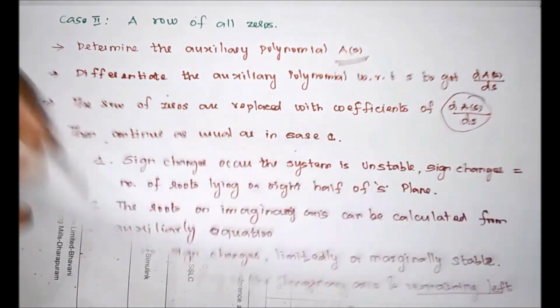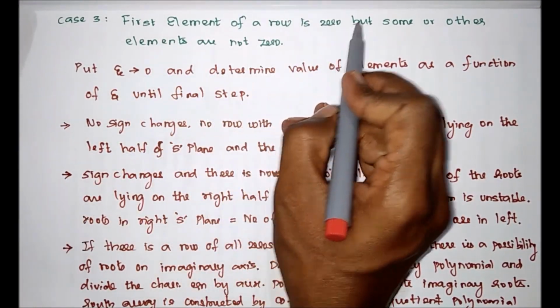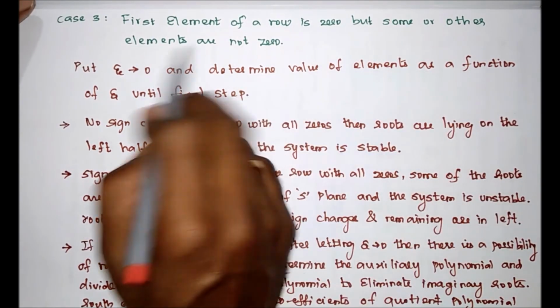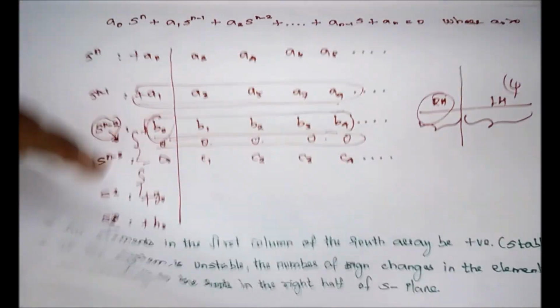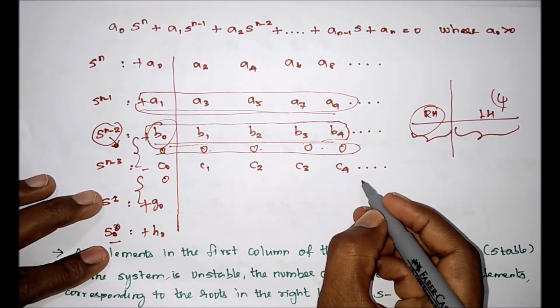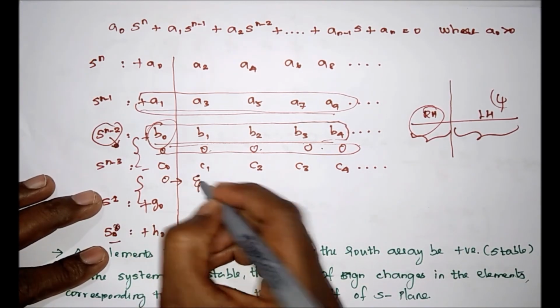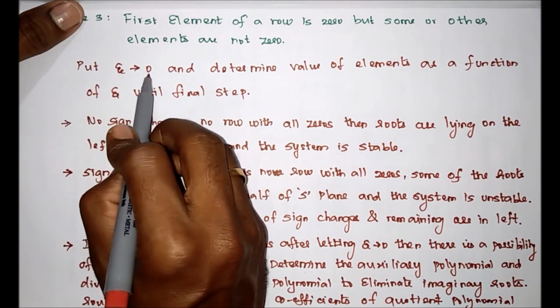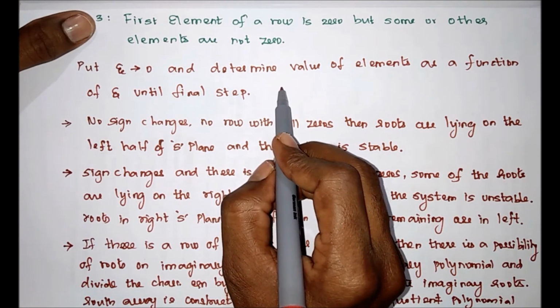Next, case 3. In case 3, the first element of a row is 0, but some or other elements are not 0. From this, suppose this element is 0 and the remaining have some value. What do we do? Instead of this 0, we take epsilon. So we put epsilon and use the procedure like case 1 and case 2.